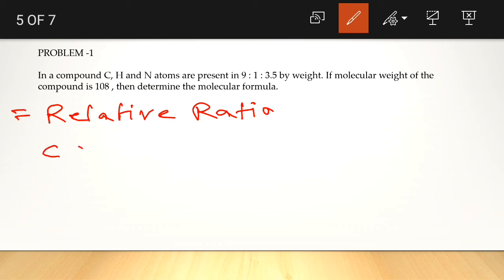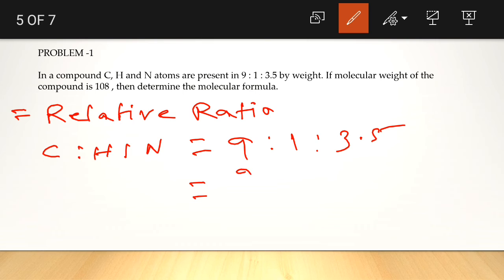So carbon, hydrogen and nitrogen is like 9:1:3.5. Okay, now what you have to do? You need to divide by their atomic weights. Carbon has the atomic weight 12, hydrogen has the atomic weight 1, so divided by 1, and nitrogen has 14, so you have to divide this by 14.